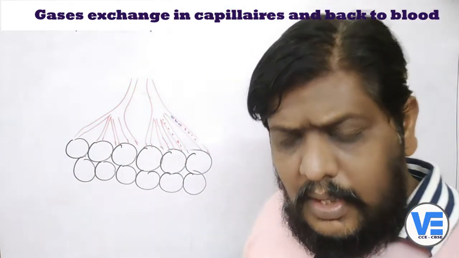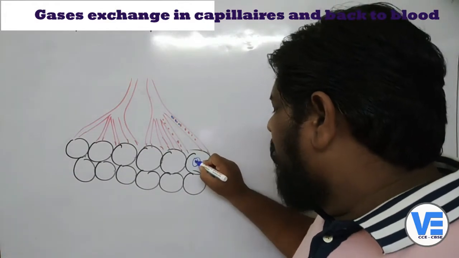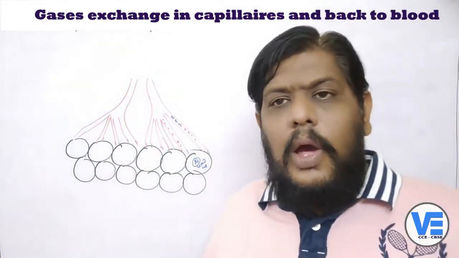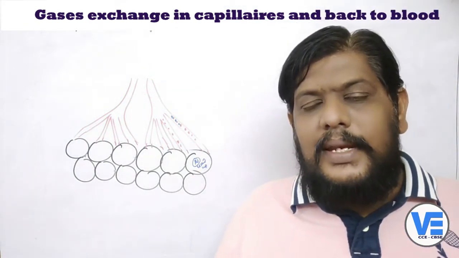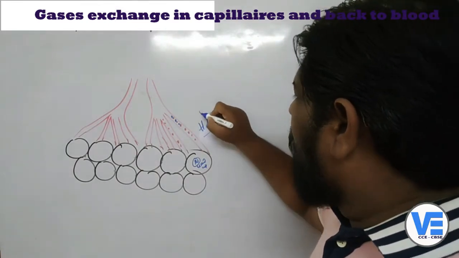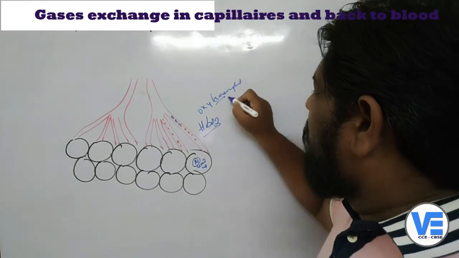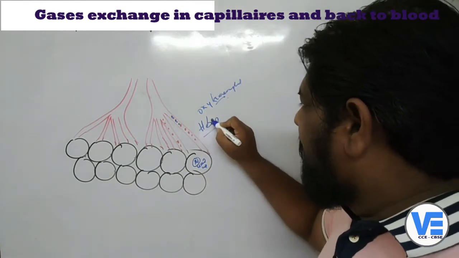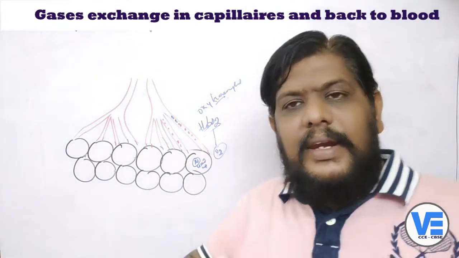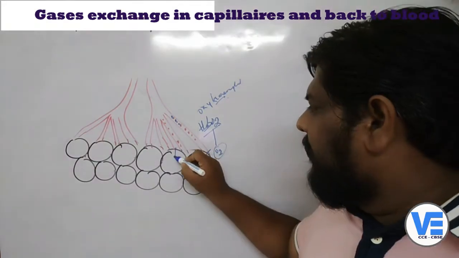Now, as we know, the cells use up the oxygen, and now what they require is oxygen. So when this hemoglobin comes here, it will release the oxygen molecule, so that the oxygen molecules can diffuse into the cells.